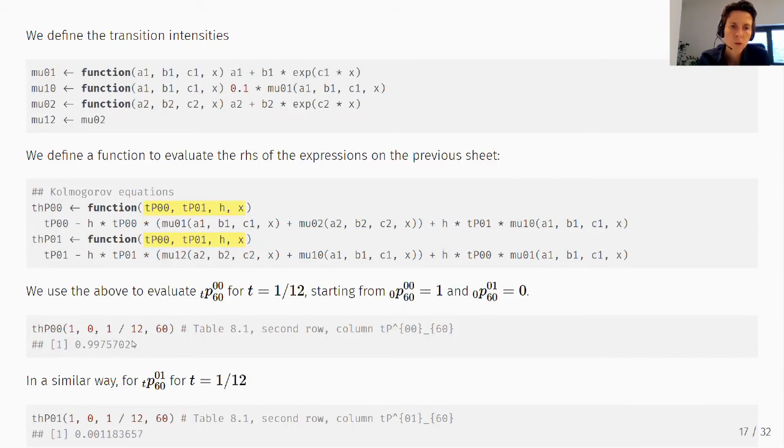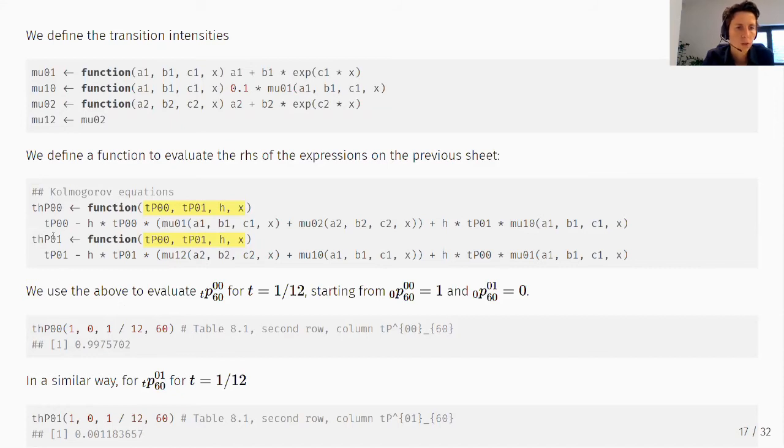I evaluate this probability, and you see that I exactly get the value reported in the book. I can do the same for the probability to go from the healthy state to the disabled state in a period of length 1 month, right? So exactly the same kind of arguments.